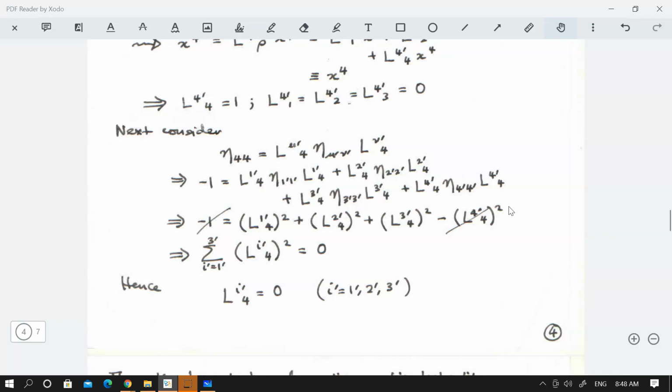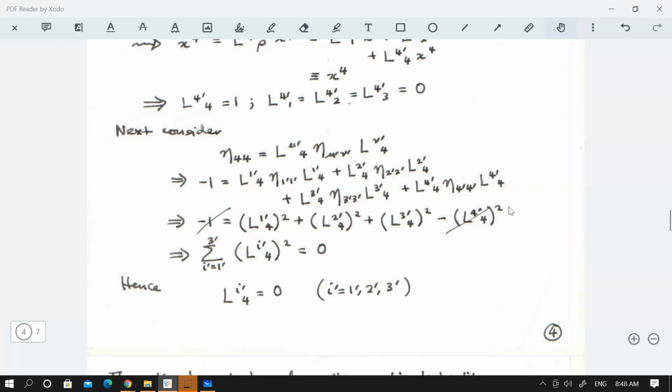So L1 dash 4 eta 1 dash, and then you have to replace this by some other index. But remember that this has to be equal, otherwise it's 0. So I will have L1 dash 4 eta 1 dash 1 dash L1 dash 4, and then the next index will be 2, and then 3, and then 4. So I have this now.